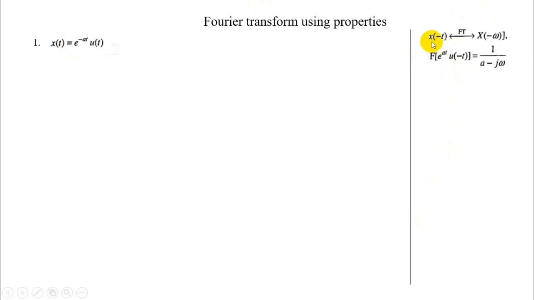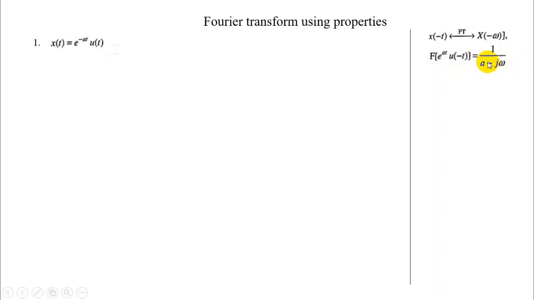So we already know that if the Fourier transform of x(t) is X(omega), then if we need to transform x(minus t), we just replace X(omega) by X(minus omega). So in this case, we need to determine the Fourier transform of e to the power minus at u(t), but we already know the Fourier transform of e to the power at u(minus t) is 1 divided by a minus j omega.